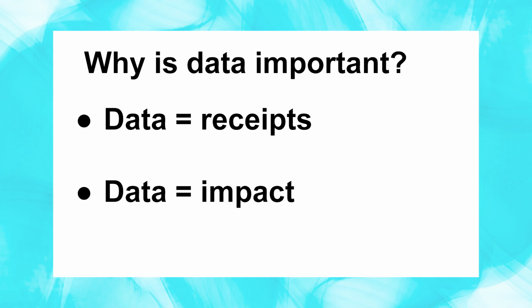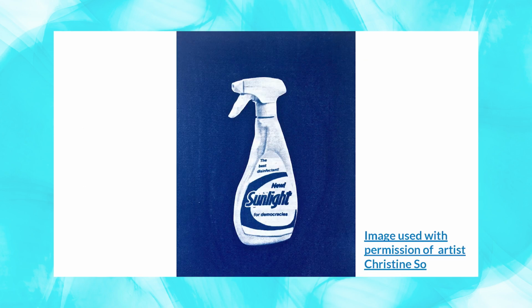If you work from good data and analyze it well, your reporting will have a solidity that will be hard to dismiss. This is a graphic used with permission of the artist, Christine Ho, that beautifully portrays the disinfecting power of sunlight and how you can shine a light on an issue by using underreported data to tell the story.